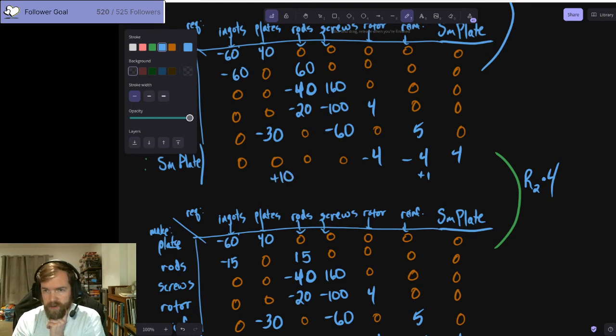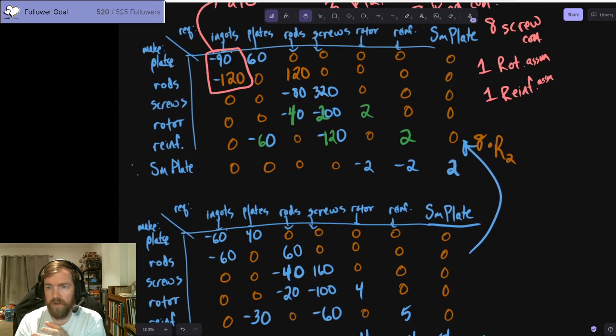Plus 10 here. All the rest of the stuff's balanced. And then ingots, we need just 120. Okay, so we got it now. This is going to be cleared out again.